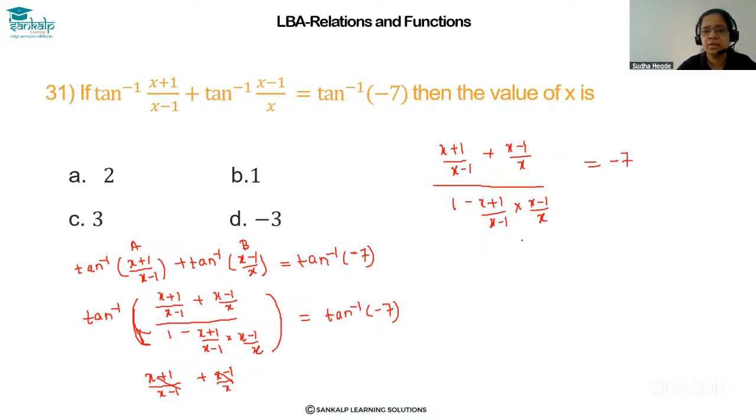You have cancelled tan inverse on both sides by applying the tan function. Okay. Now you take LCM and simplify very carefully.